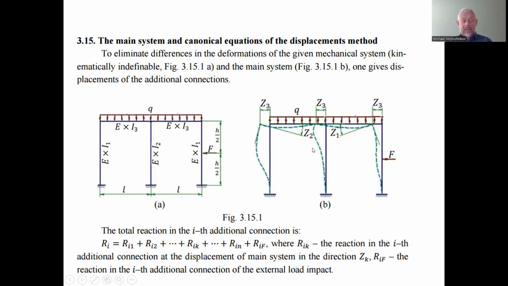And we have as well the common horizontal linear displacement of the two beams on the upper part of the assigned frame. So we have a 3 times statically indefinable system.